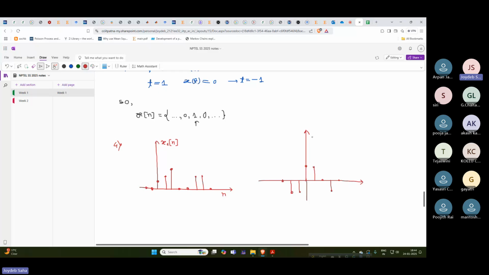This is the plot. Okay, and if we want to write the sequence, then how can we write?